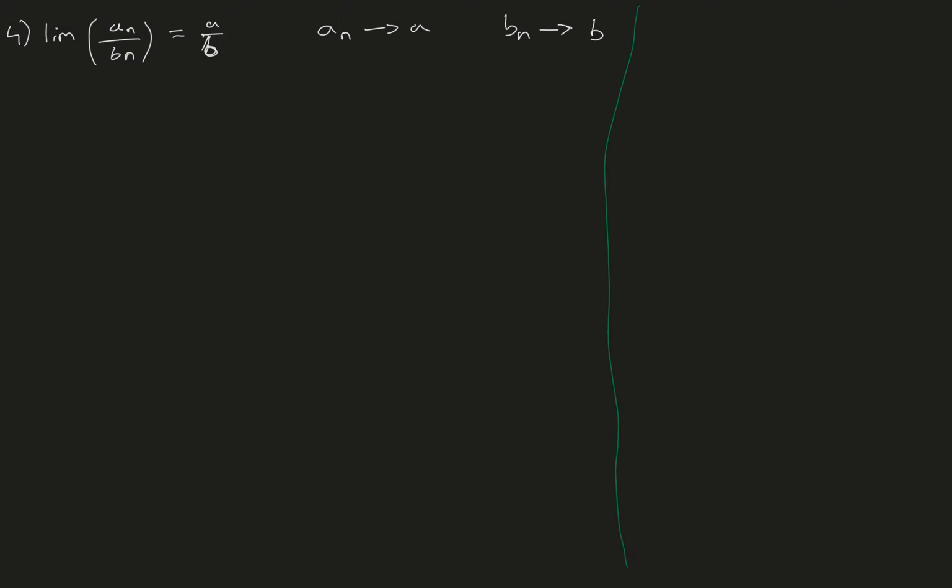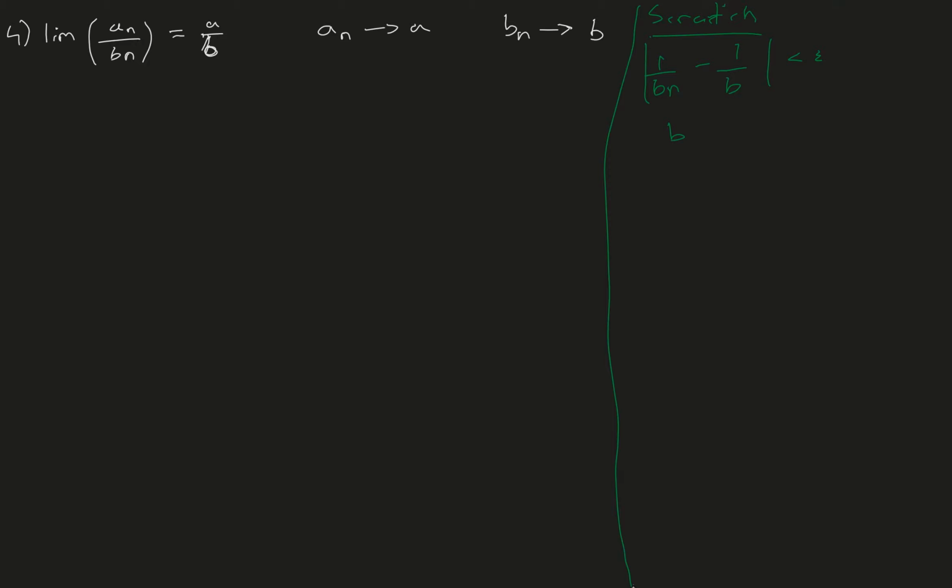So let's do our scratch work as usual right here. We have to show that 1 over bn converges to 1 over b. So we can write this as the modulus of 1 over bn minus 1 over b less than epsilon. We want to get something that looks like bn minus b, because we know bn converges to b.